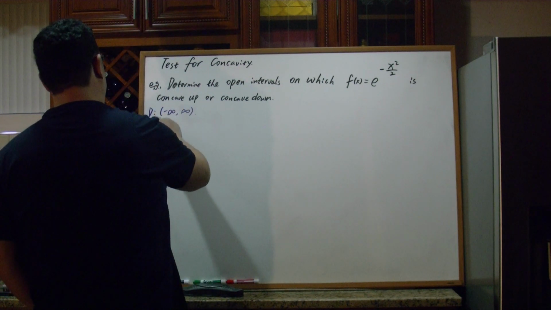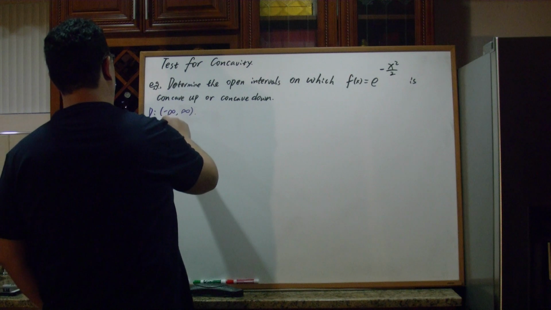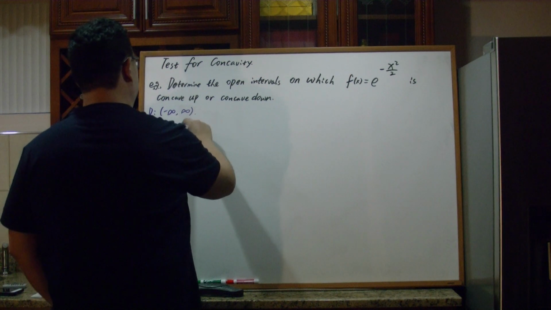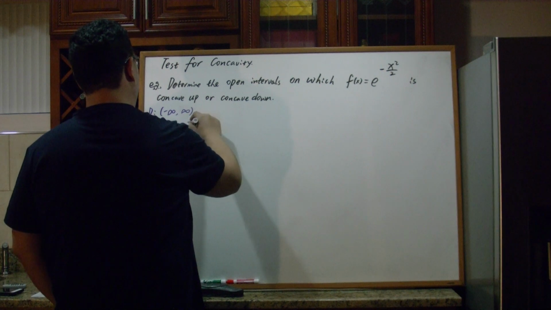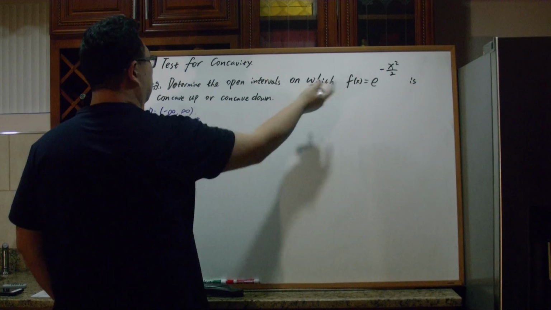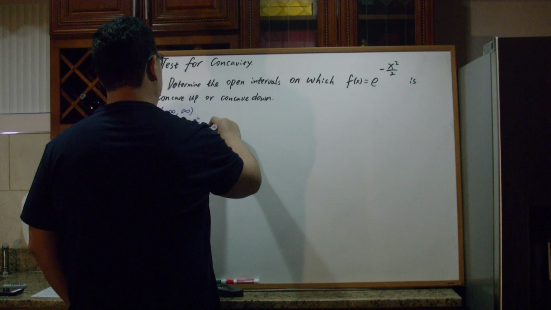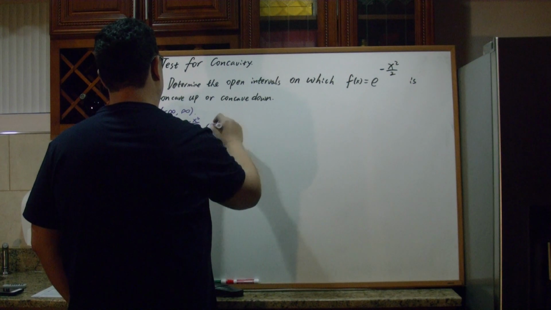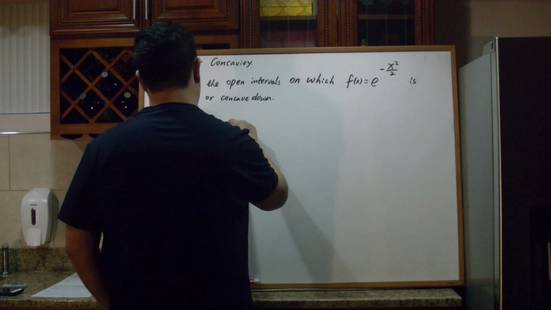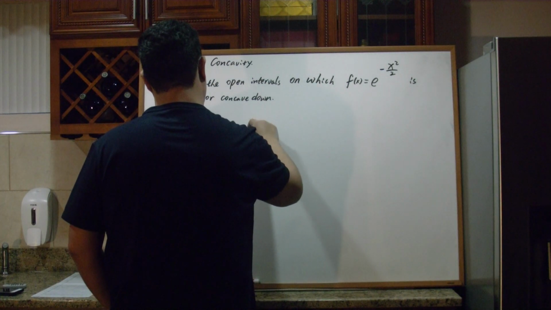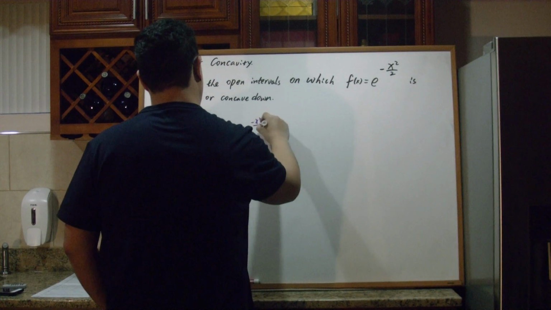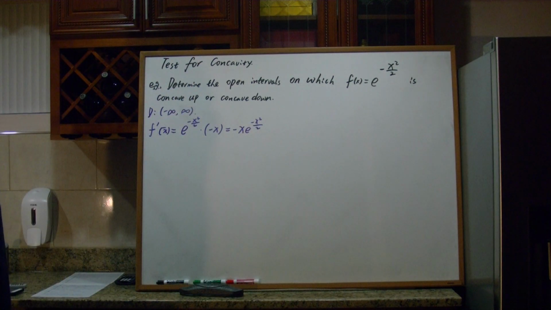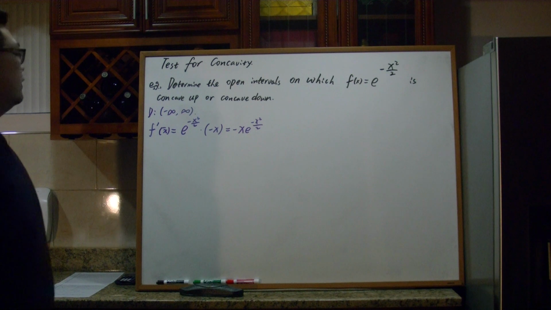So we use the rule to take our first derivative, that is e to the -x squared over 2 times -2x over 2, that is -x times e to the -x squared over 2.